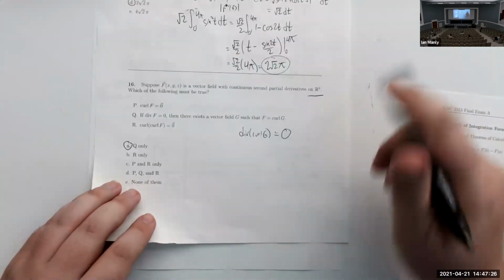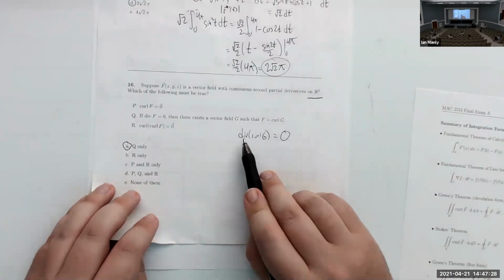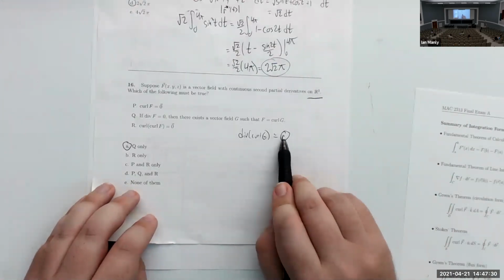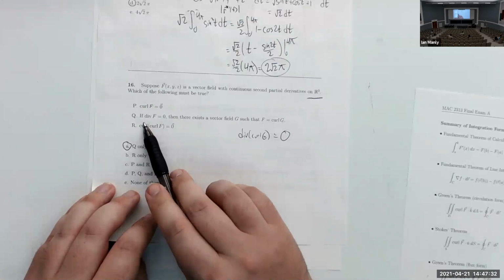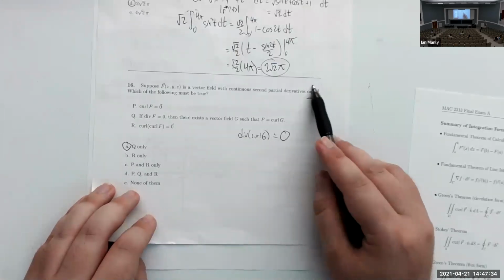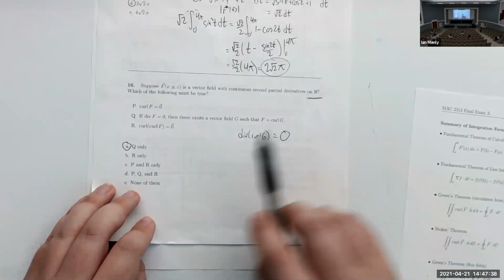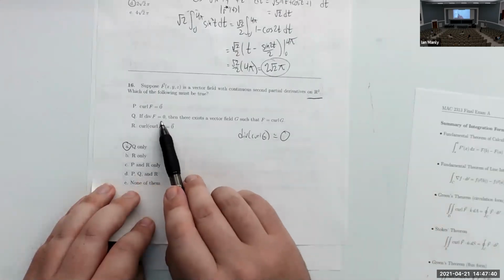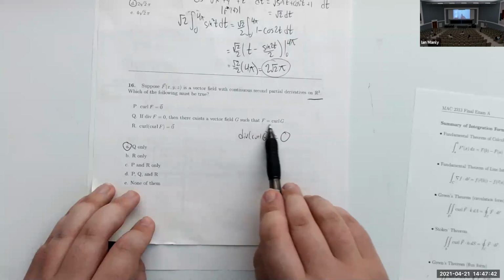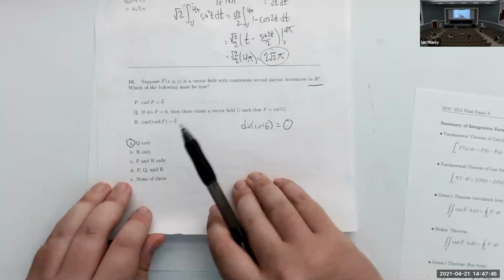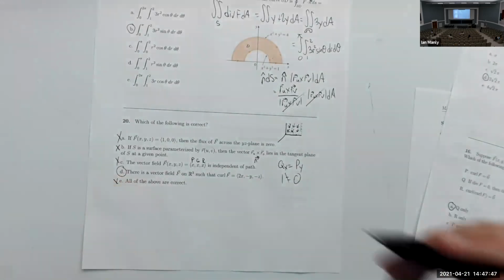We talked about the divergence of the curl being 0. And we also saw that the converse was true if we're on a nice space that's simply connected. So if the divergence is 0, then there is a vector field such that it is the curl of that. So let's just see if the divergence of this is 0.